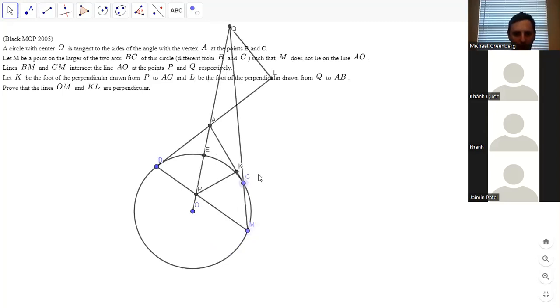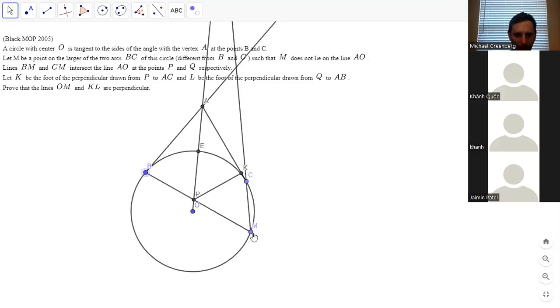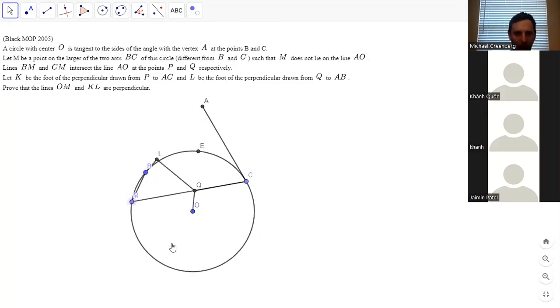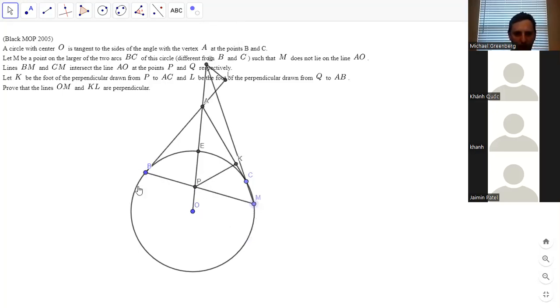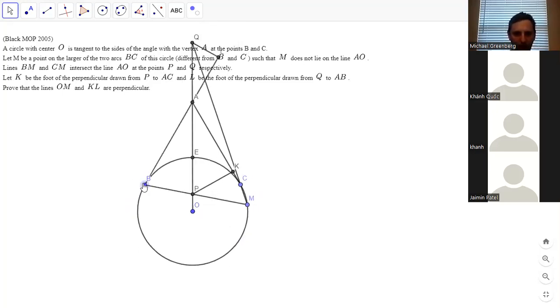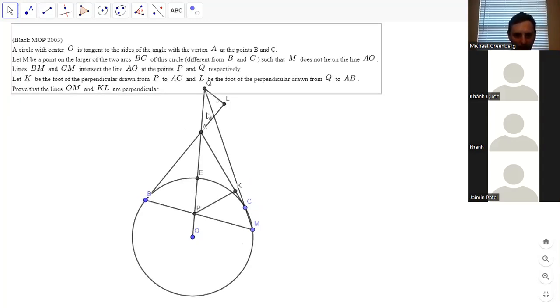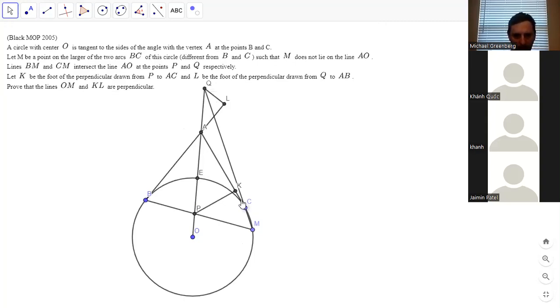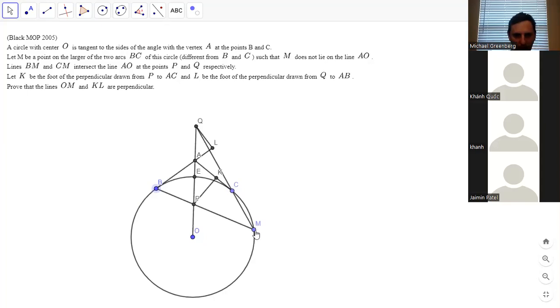Let's see. I'll try to make this a little smaller.